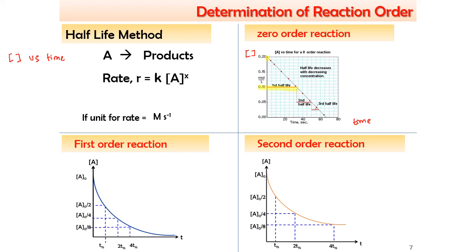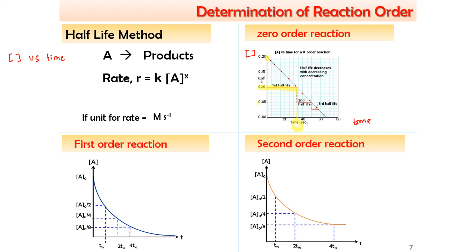So when you refer to your graph, you draw a straight line from the concentration, half of the initial concentration, and then you find the time taken for the initial concentration to reduce by half. Then when you have the value here, you can compare with the second half-life.